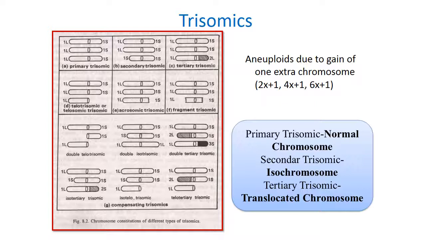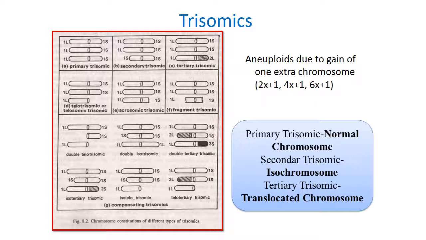In telotrisomic or telosomic trisomic, only one arm is present, one is absent. Acrocentric trisomic means the telomere at one arm is absent and the centromere is at an acrocentric position. Fragmented trisomic means both arms are missing or both telomeres are absent.